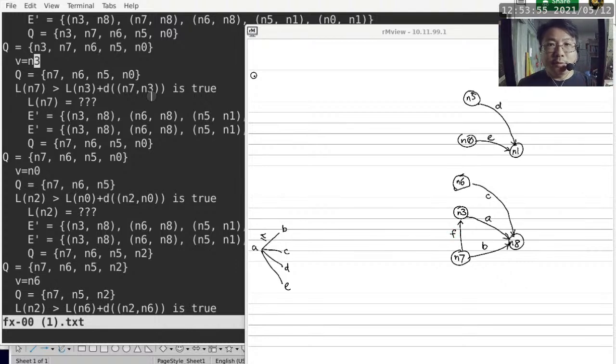So now we have to look at the choice of n0 here. Okay, and then we ask, what information is this telling us? So what it is telling us is L of n0, which really is just the distance of the edge from n0 to n1, which is basically e, is less than or equal to the L value of the other three.